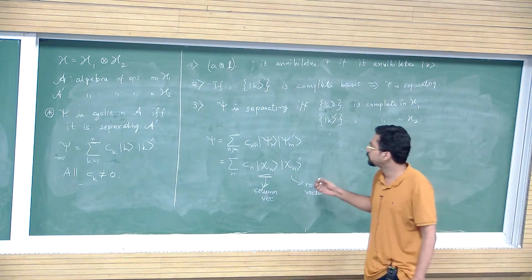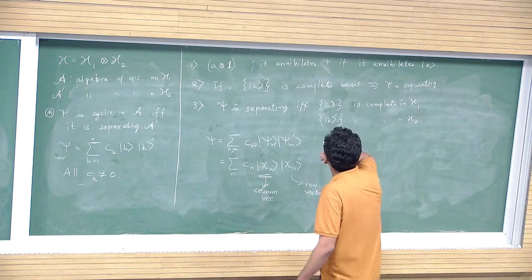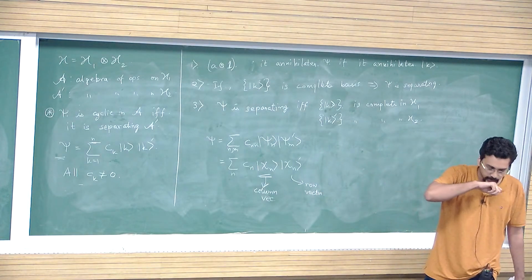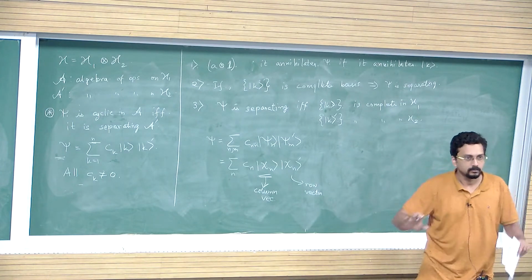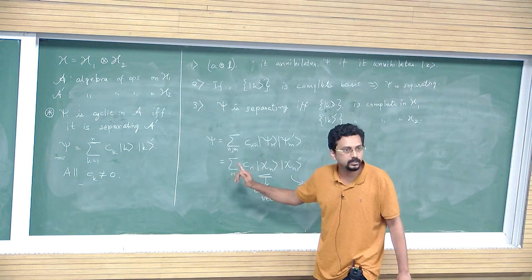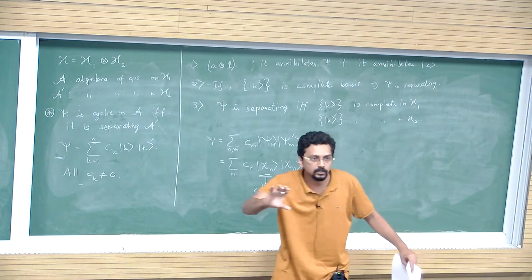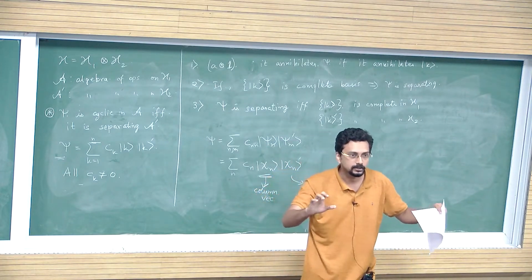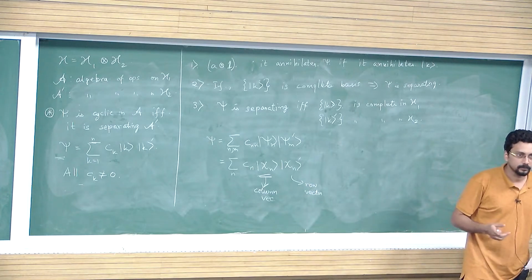There is one other way of thinking about it: suppose they were not the same, then when you write down this psi, you will have some n cross m object, and there will be a bunch of zeros that you will be forced to put. That's what the problem is.